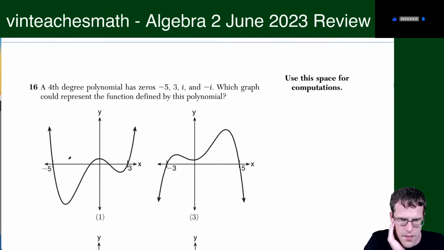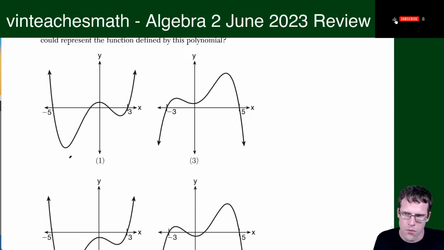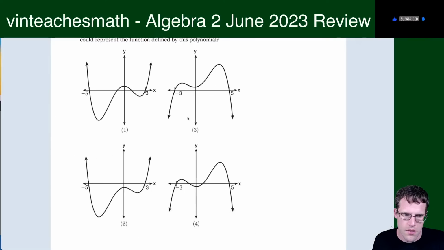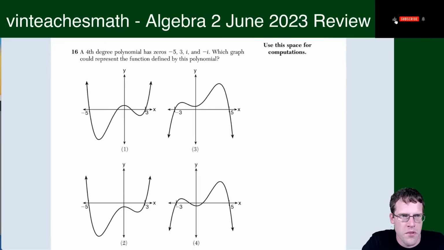So moving on, let's see here. Ooh, I like this one. Remember we said before, roots and factors are opposites. So which one could this be? If we have zeros at -5, 3, i, and -i, that means the x-intercepts are -5 and 3.